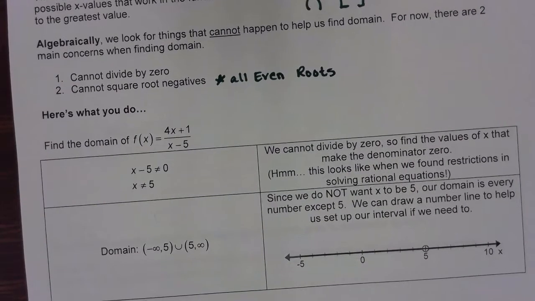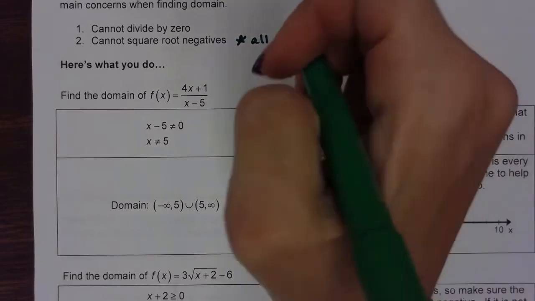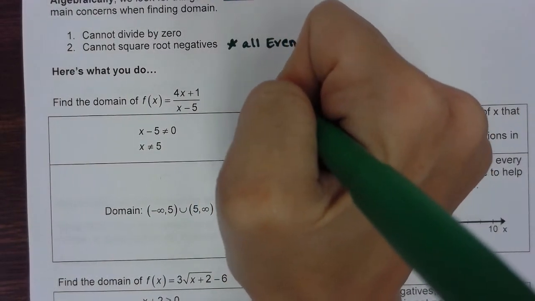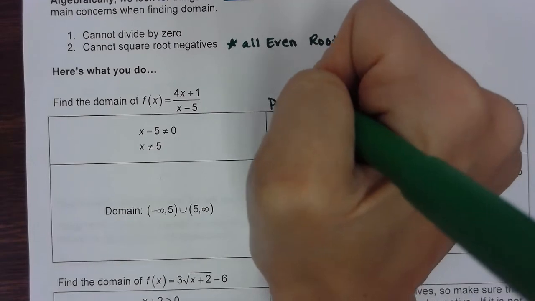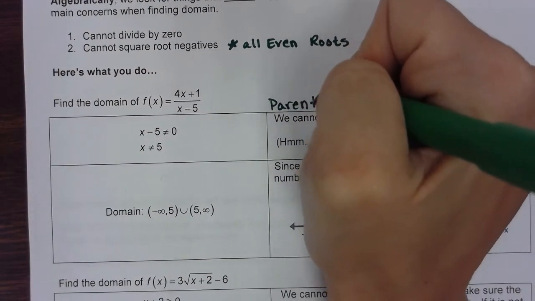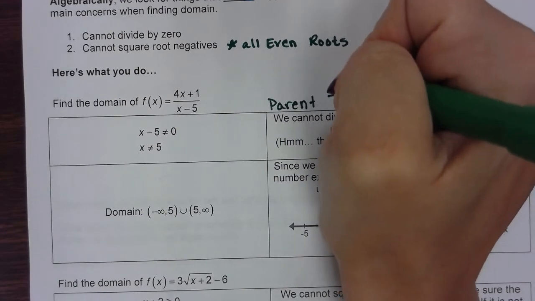Alright, so find the domain of f of x equals 4x plus 1 all over x minus 5. So let me remind you of the parent function. So 1 over x is the parent function, and our graph looks like this.